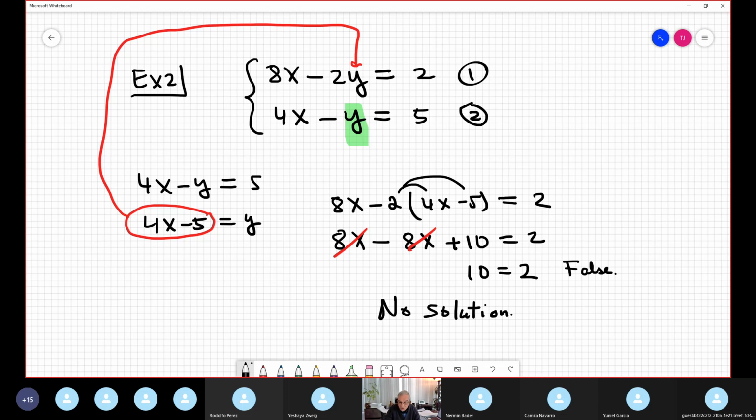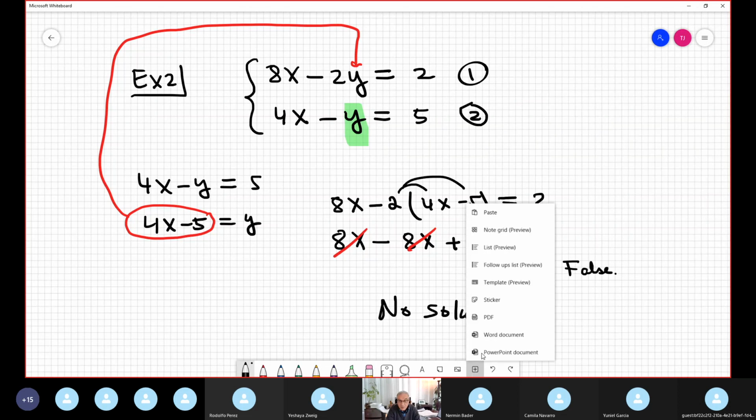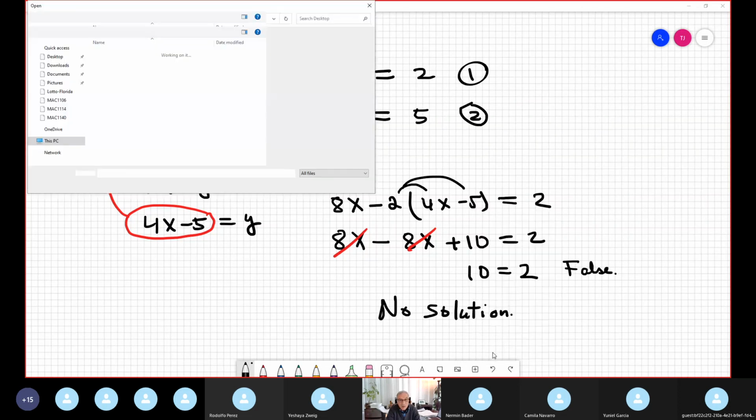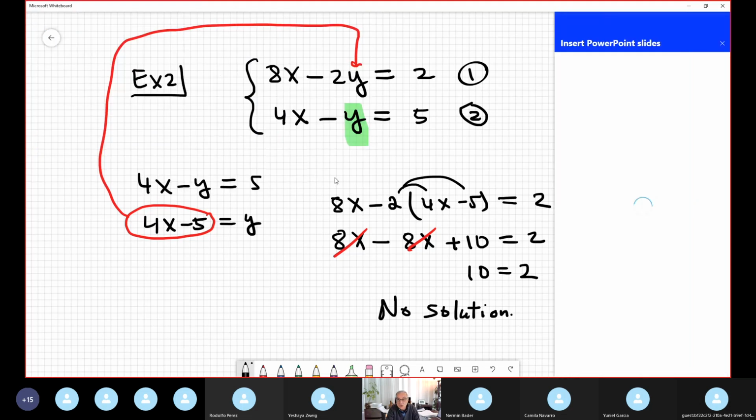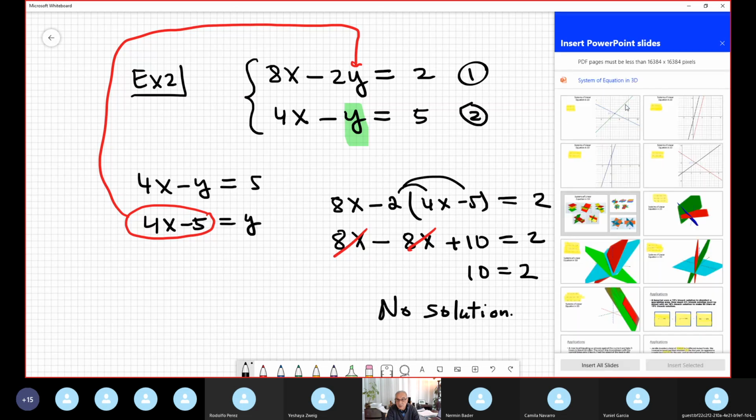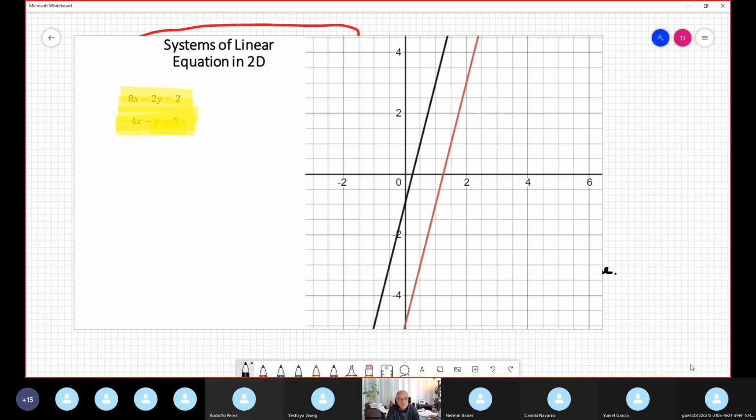If you want to see geometrically the interpretation of this, well, let me try in the PowerPoint. In the second page of the PowerPoint, do you see the interpretation of this? Look at that.